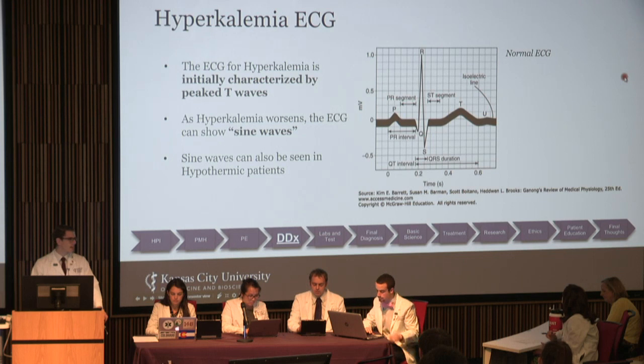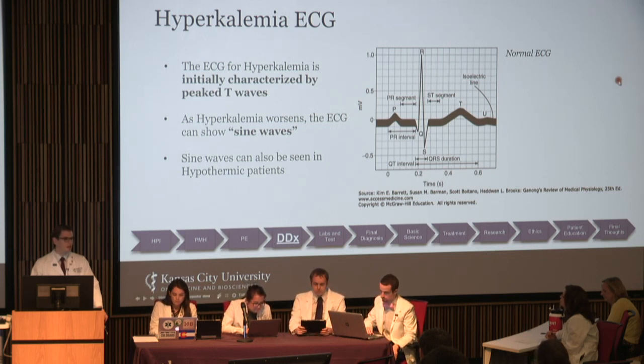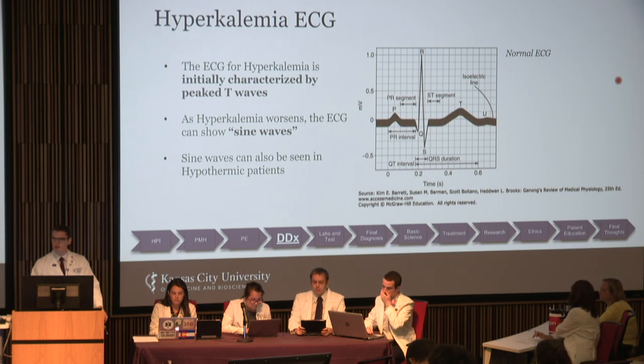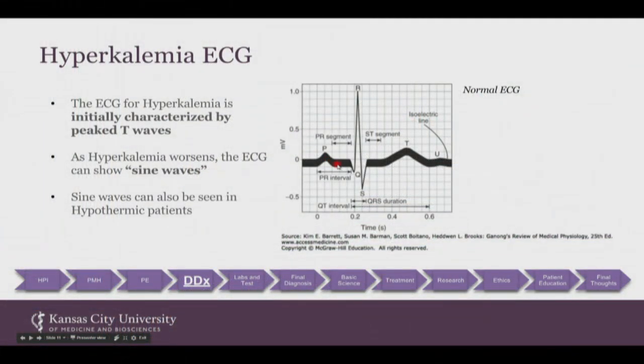This excess potassium in the blood can have several interesting effects on a patient's electrocardiogram. An electrocardiogram is a measurement of the electrical potential as it moves through the heart. Student Dr. Alex Curry later on in the presentation will give a more thorough demonstration and instruction of how to read and understand an electrocardiogram. For now, we're going to look at a few of these waves though. The first is the P wave, this is the QRS complex, and this is the T wave.